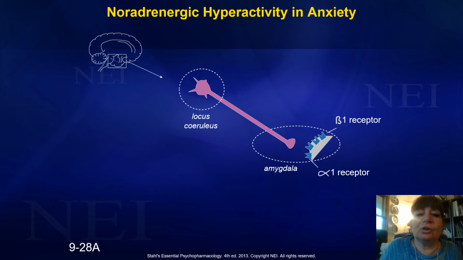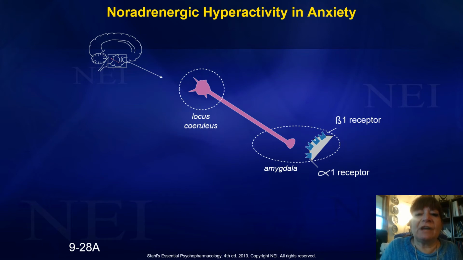So if you have noradrenergic hyperactivation, that can also lead to anxiety, panic attacks, tremors, sweating, tachycardia, hyperarousal, as well as nightmares. And alpha-1 and beta-1 adrenergic receptors may be specifically involved in these reactions.